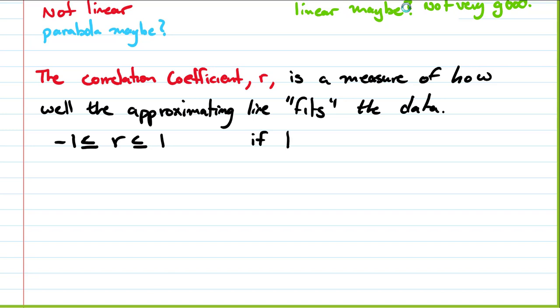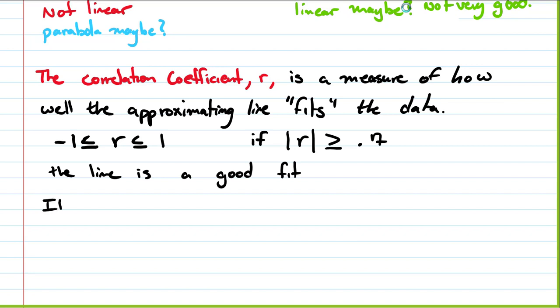If the absolute value of R is greater than or equal to 0.7, the line is a good fit. If the absolute value of R is less than 0.7, the line is not a good fit.